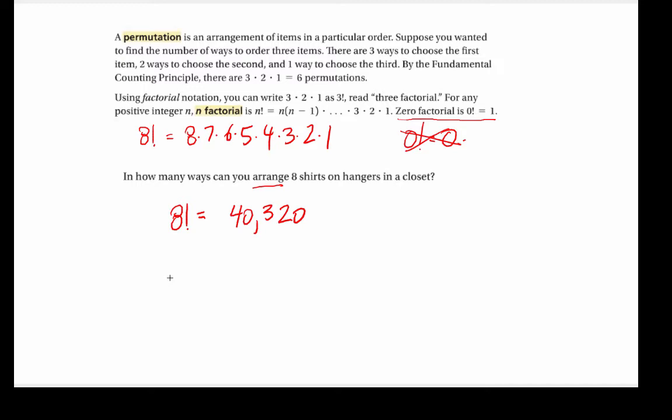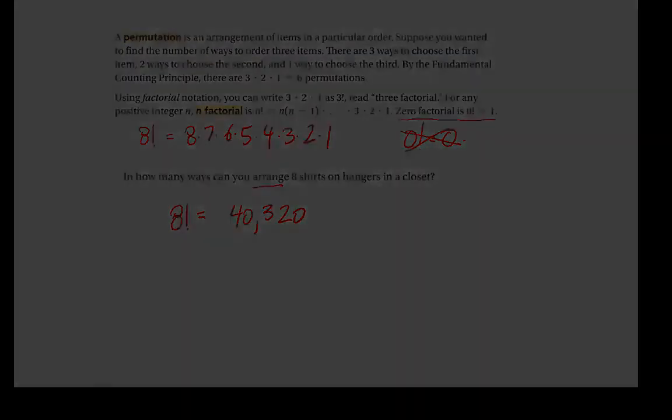But then as soon as you change the shirt in the second place, then you have a bunch of different options from there, and so on. So this 40,320 doesn't seem logical at first, but when we start to think about it, wow, there really are a lot of possibilities here, it seems to ease our mind fairly quickly.